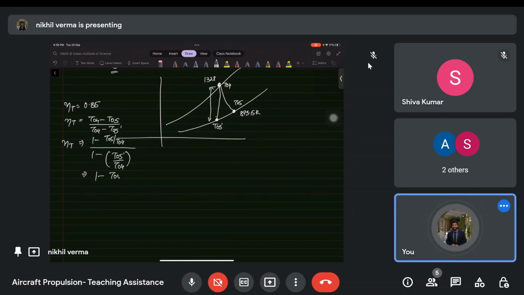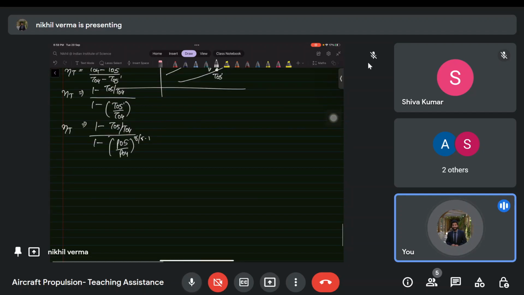So this is (1 minus T naught 5 by T naught 4) by (1 minus (P naught 5 by P naught 4) to the power gamma by gamma minus 1) equals the efficiency of the turbine.